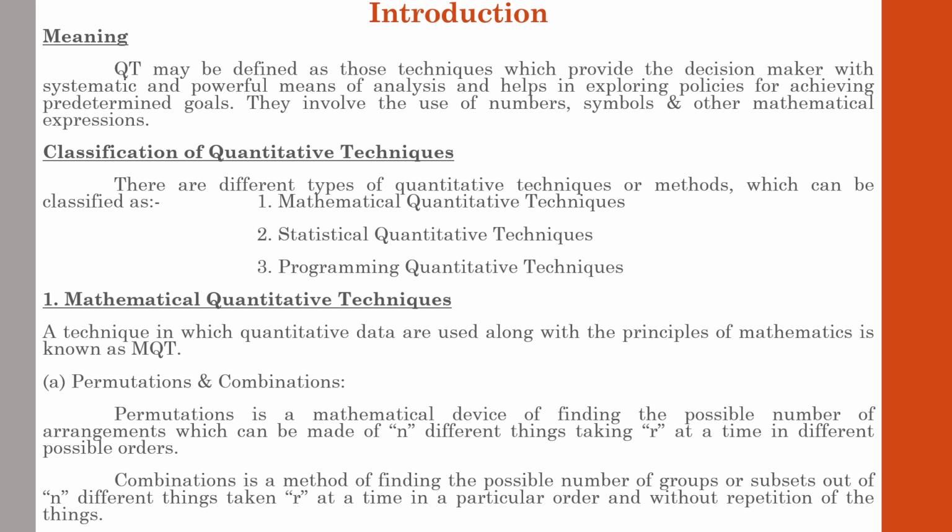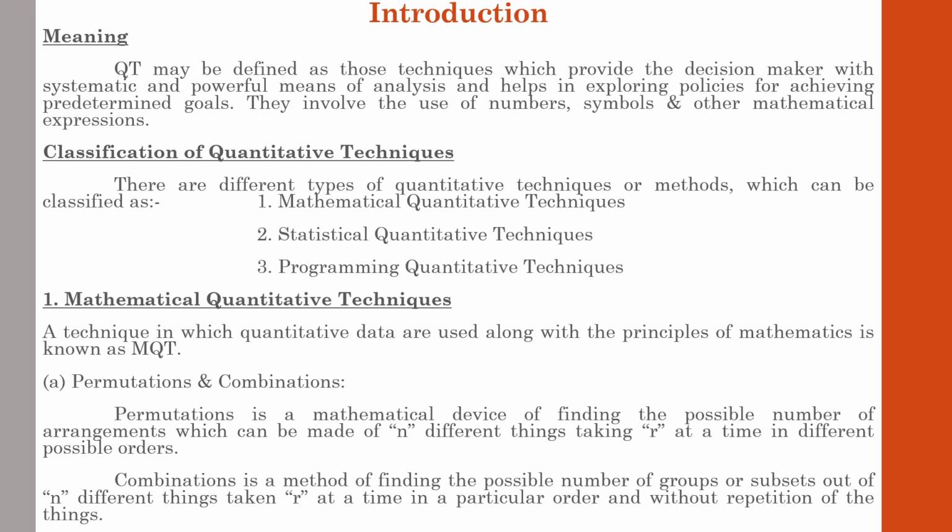For example, earlier I mentioned that if you are given letters B, I, N, U, and you can take two letters at a time, you can't repeat the combination with the same letters. For example, two letters B, I. You can't again use IB because the same letters are repeated.